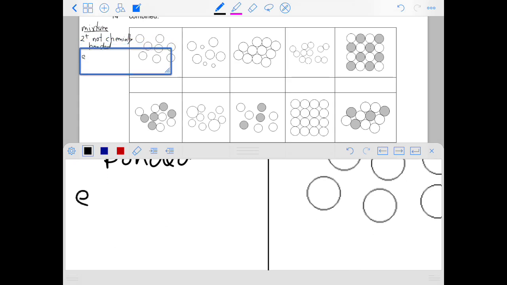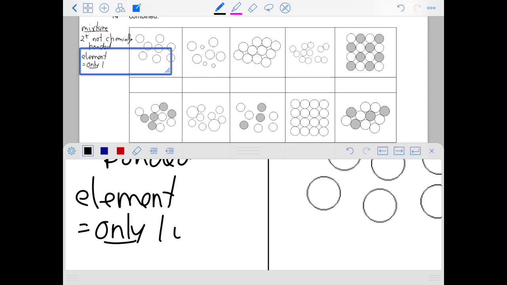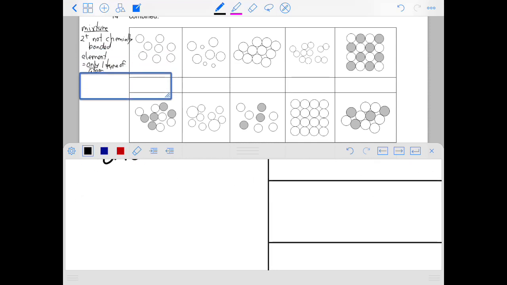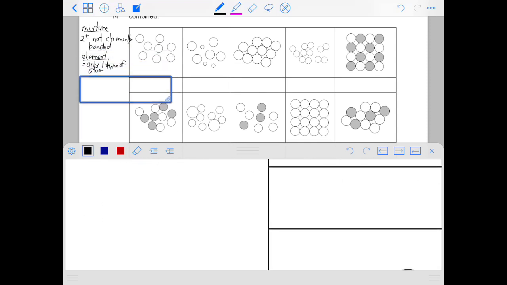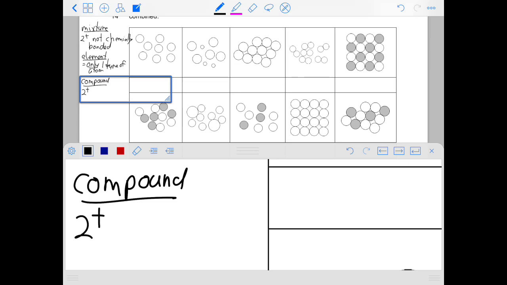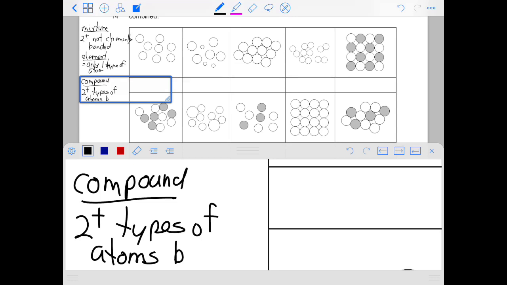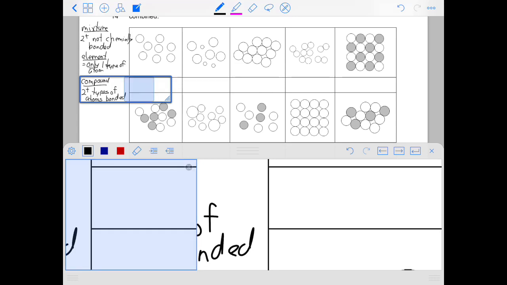An element is only one type of atom. And a compound is two or more types of atoms bonded together, or chemically bonded together.